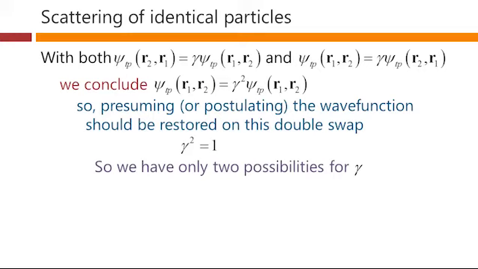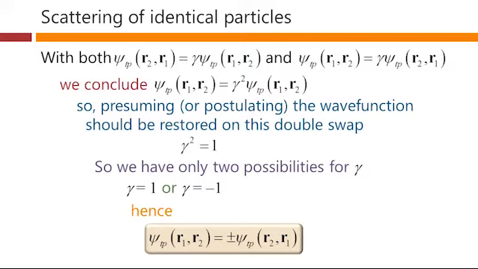So we have only two possibilities then for gamma. Either gamma is 1 or gamma is minus 1. Hence, we either have that this two-particle wave function of R1 and R2 is the same with a plus sign as the two-particle wave function with R2 and R1, that is the particles swapped round, or it is minus the two-particle wave function with the particles swapped round. The minus corresponds to gamma equal to minus 1, the plus corresponds to gamma equal to 1.